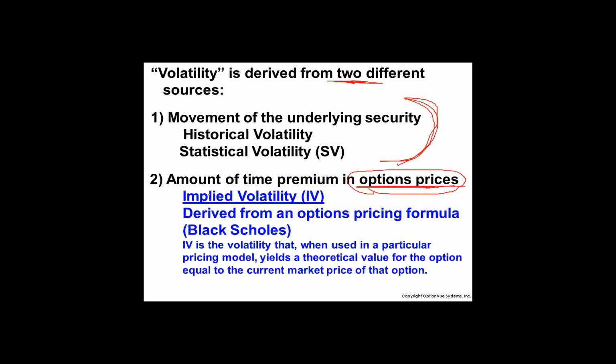When we look at the option prices, we're looking at the time premium, and the technical definition is that implied volatility is the volatility that, when used in a pricing model like Black-Scholes, yields a theoretical value for the option equal to the current market price for that option. Now, what does all that mean?